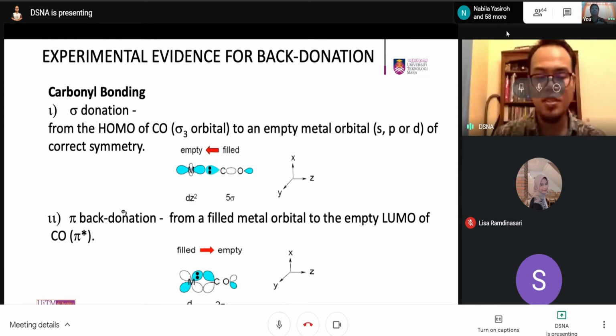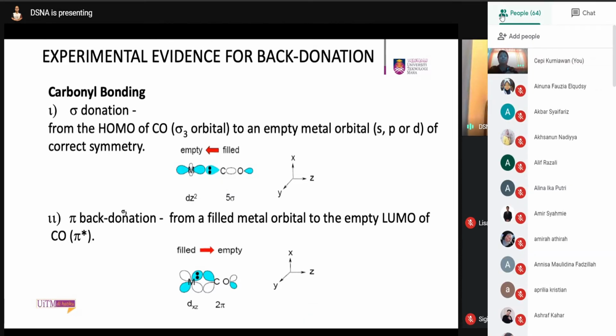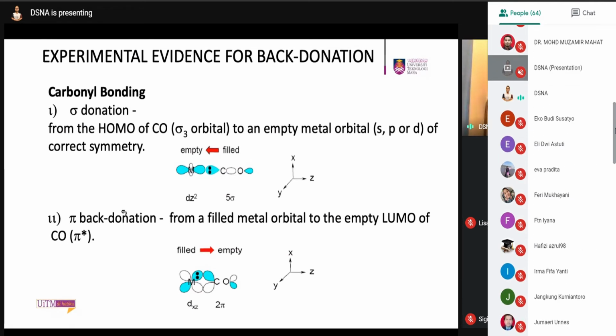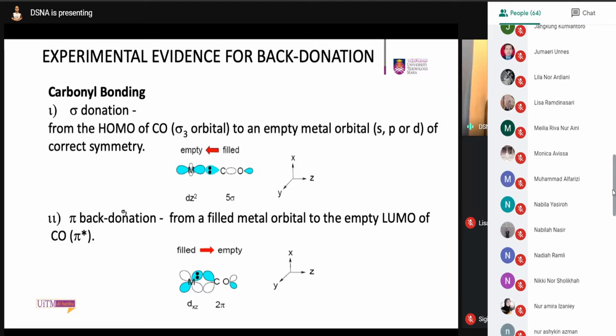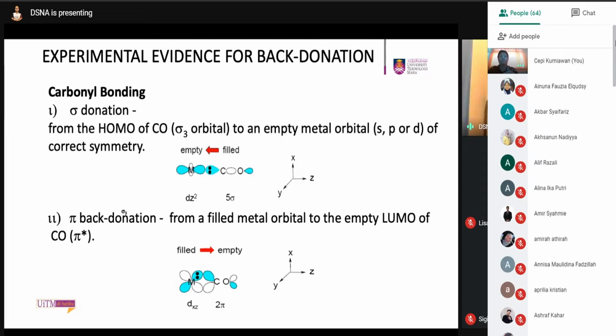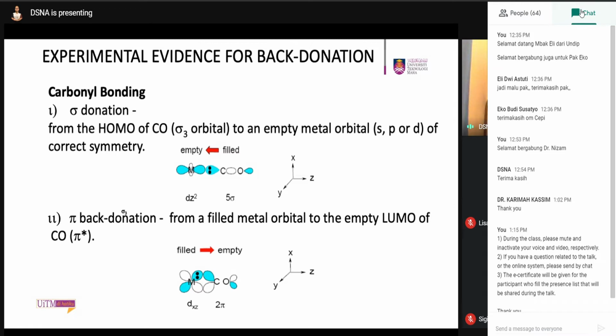So it is important for graduating students to understand how they are going to use their knowledge in spectroscopy, IR and NMR, to identify or characterize various types of samples like organometallic or organic compounds. So that's why I chose experimental evidence for back donation.